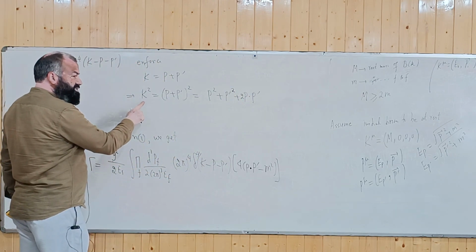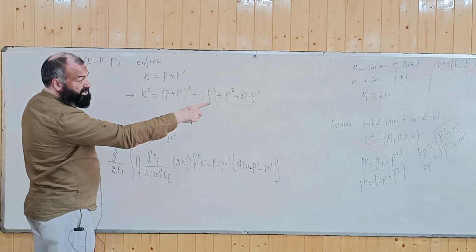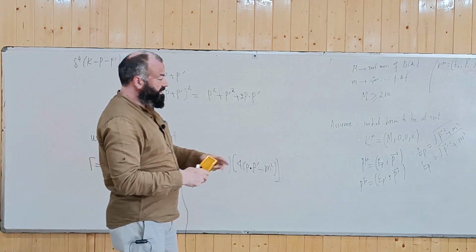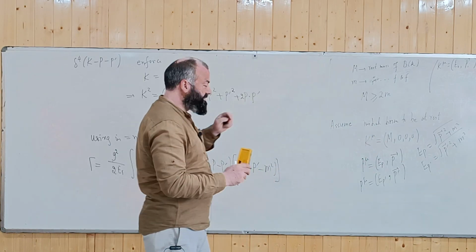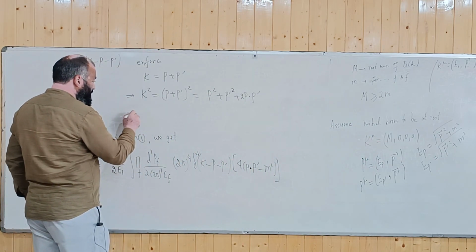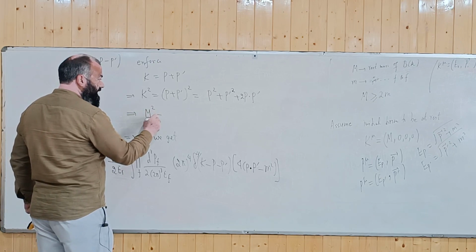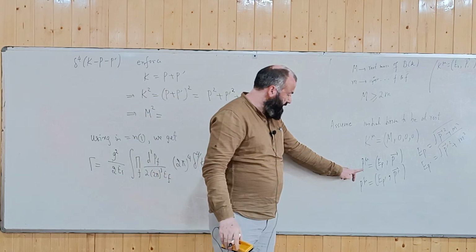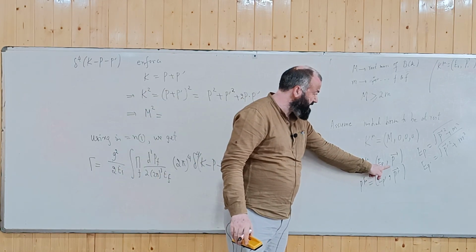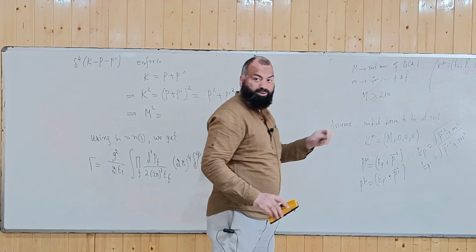Is it clear? Now what is K square? Tell me what is the square of that K. K square will be simply M square. So this is M square. Now what is this P square? P square will be actually E square minus p square, so that is small m square.